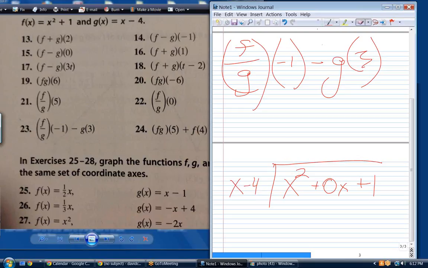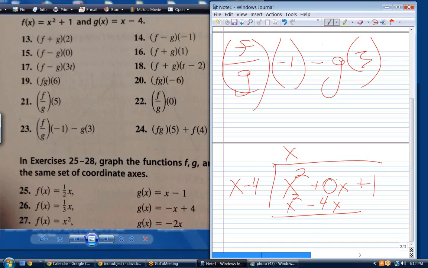X. Okay, and then what's the next step? Then you multiply x minus 4 by that, and then subtract it from x squared plus 0x plus 1. So what's this? It's going to be negative 4x. Actually positive 4x, remember, we're subtracting this.